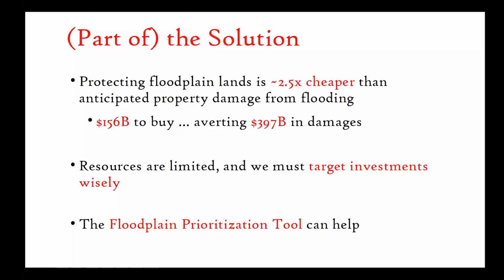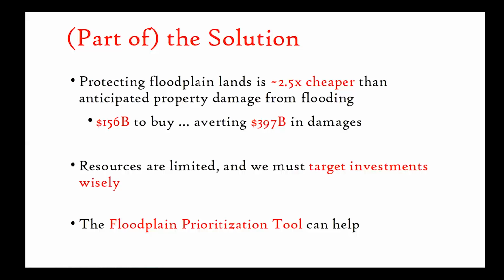And one amazing fact, I think, about floodplain conservation is the economic sense that it makes. A recent paper that TNC was involved in has shown that buying up all the unprotected 100-year floodplain in the United States would cost about $156 billion. And if you consider the value of all the property that's anticipated to be developed in the floodplain by 2050, you're looking at about $397 billion of potential flood damages that could be averted.